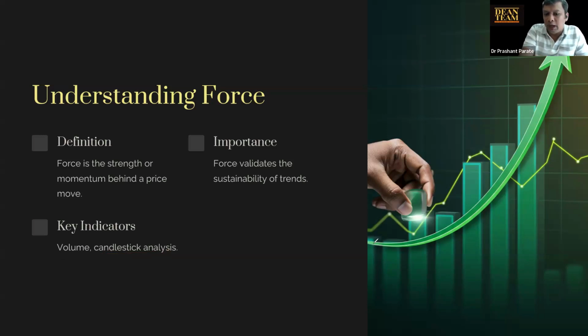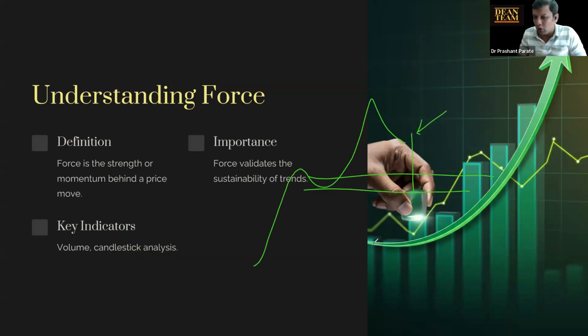Now suppose price is in an uptrend and this is a buying area, and here price comes down with strong selling force. What happens? Should we buy immediately in the buying area? No. If we are taking trades based on rules, we can directly buy at this area.